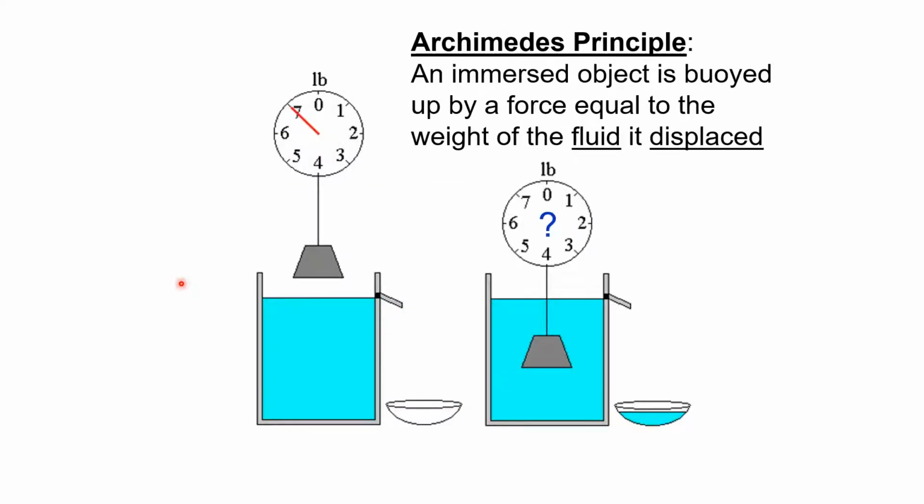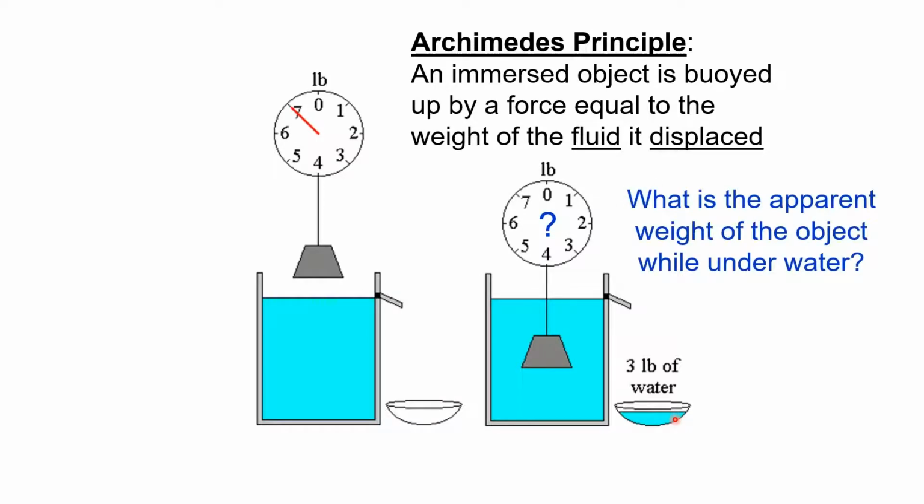Okay, so here's a before and an after. This is before, this is after. All right, let's say we measure the weight of this water and we find that it's 3 pounds. What is the apparent weight of the object while it's underwater?